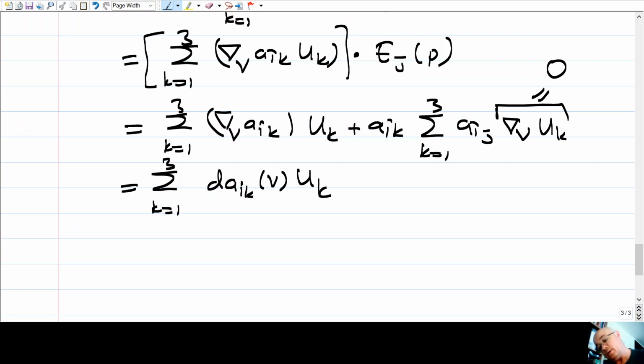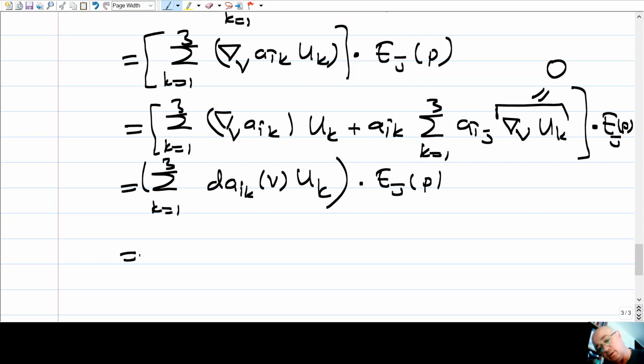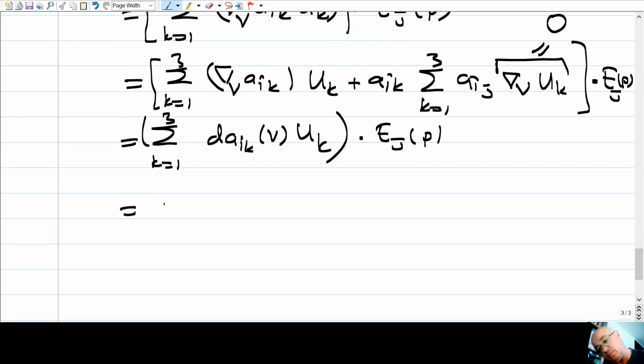Okay, well, I shouldn't forget that this is multiplied with Ej(p). So this thing is multiplied with Ej(p). Well, so this is k from 1 to 3.